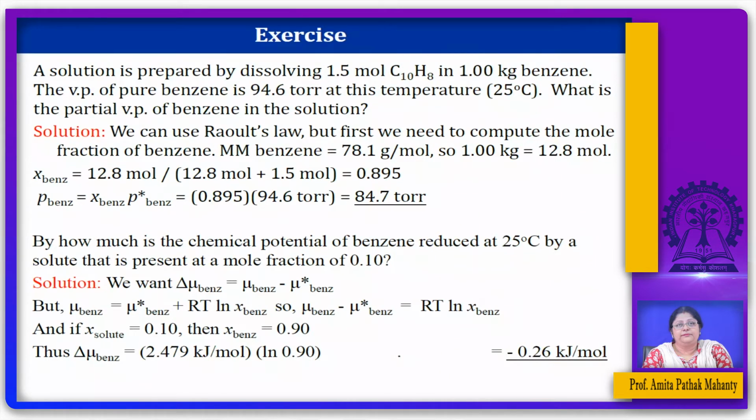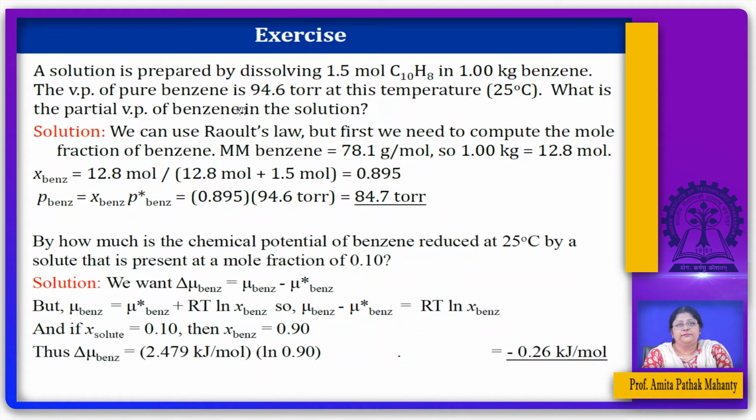According to Raoult's law, the partial vapor pressure of a component, benzene here being the solvent, is proportional to the mole fraction times the vapor pressure of the pure benzene. Vapor pressure of pure benzene, P star, is given for benzene. And what we have to find out is the partial vapor pressure of the benzene in the solution.